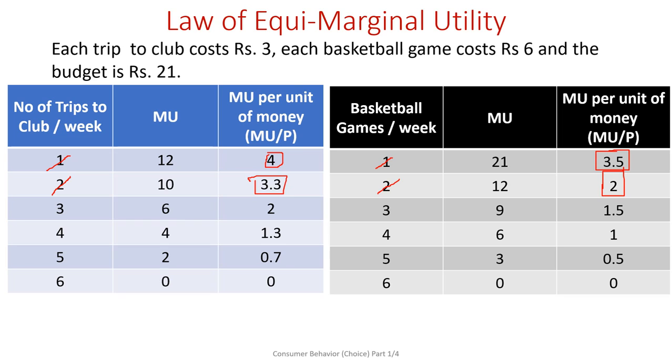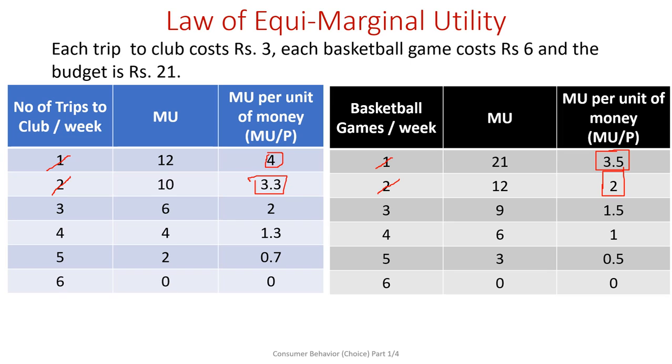So up till now, he has made 2 trips to the club costing rupees 6 and has played 2 basketball games costing rupees 12, making it 18. So for the last 3, he again has the choice of going to the club and getting a marginal utility per unit of money of 2, or playing a basketball game.